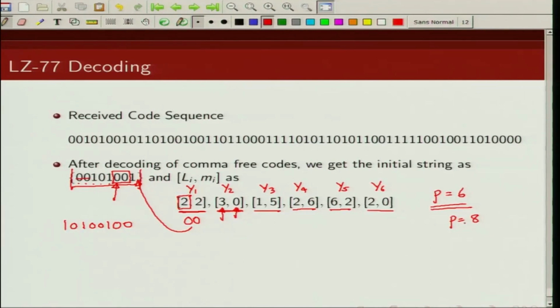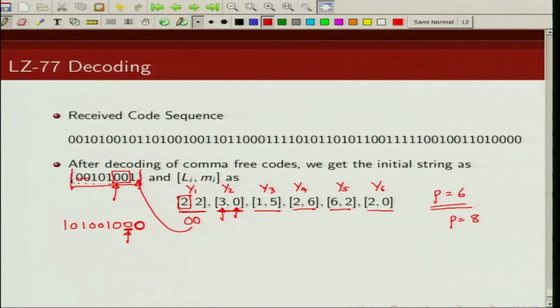M is 0 means P equal to 8. So I have a match here of length 3, starting at this location. Now how do I find a match of length 3? I only have the first bit here. Clearly the match starts from this location, so the first bit here has to be 0.